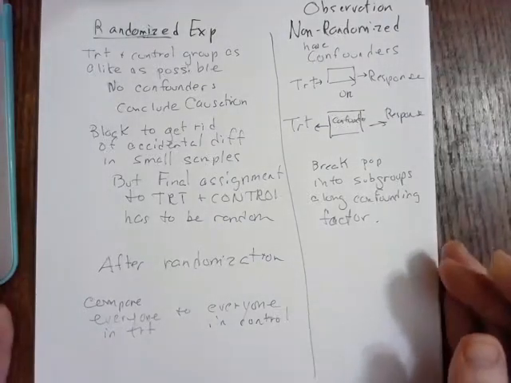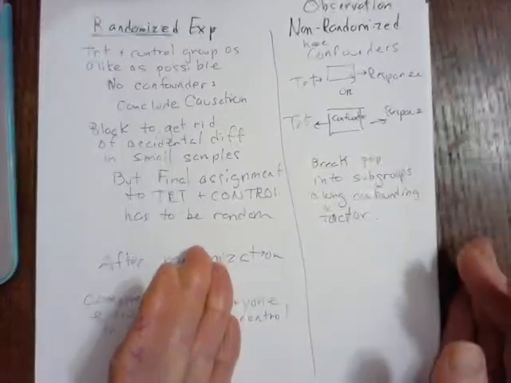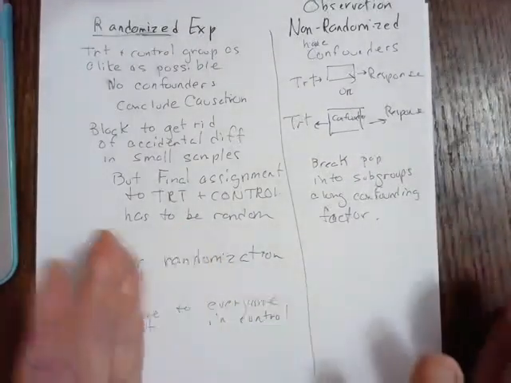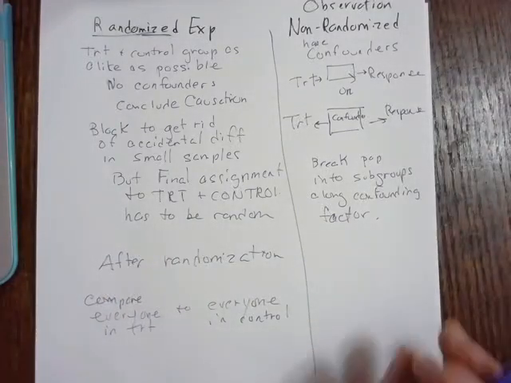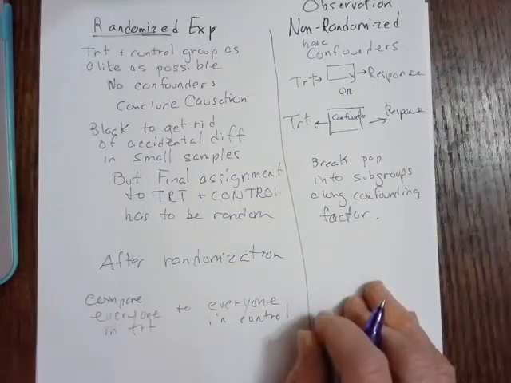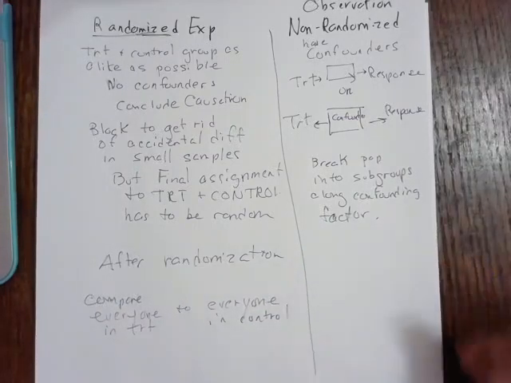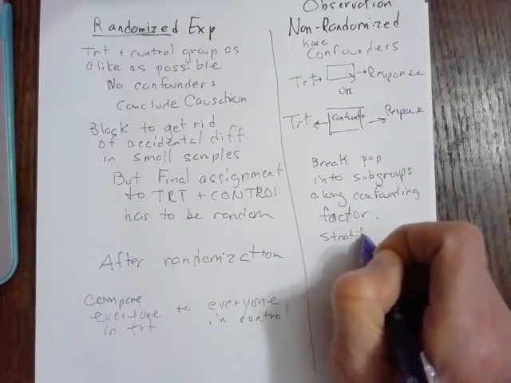If you think gender is confounding something, you would compare males in treatment to males in control, right? Because then you're comparing males to males. Do the same with the females. That way the confounder gets eliminated. Then you can move on to other confounders. So this is stratification, and it happens at the end of the study.